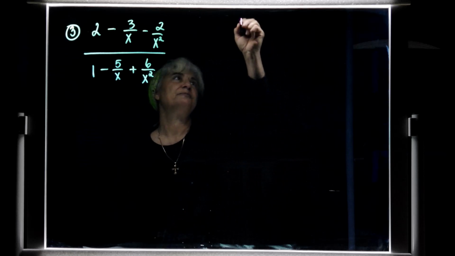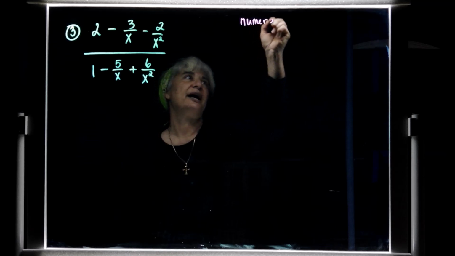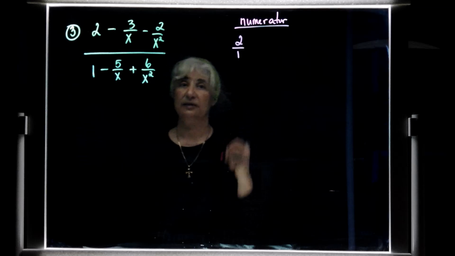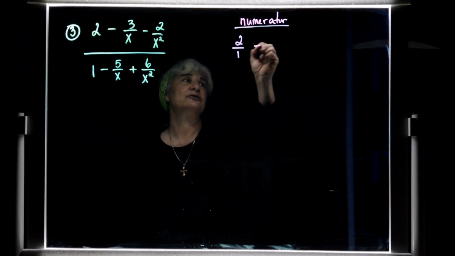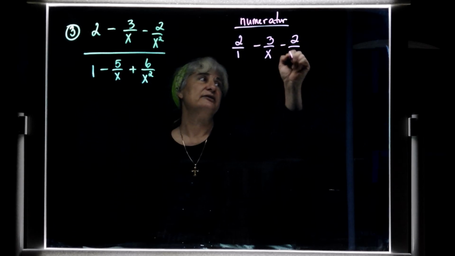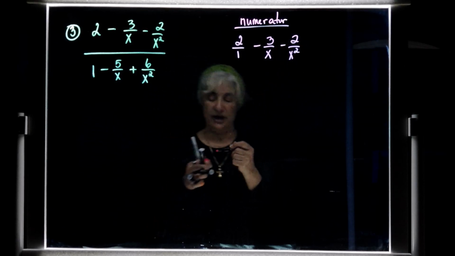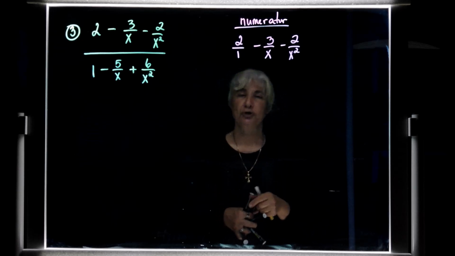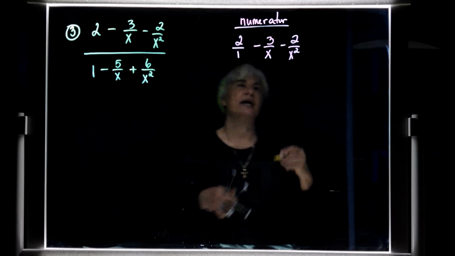Looked at the numerator. So we have 2 over 1. Yes, I'm going to write it like a fraction so I can see it nicer. Okay, you're subtracting these. What do you need? Common denominator, x squared.